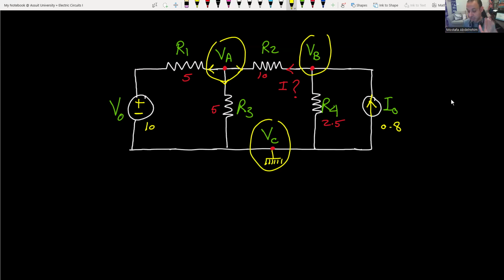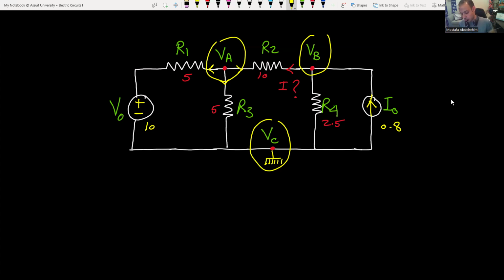This is what matters for us: the voltage across R1, R2, R3, R4, and the currents flowing in R1, R2, R3, R4 will be the same, whichever ground node you pick.